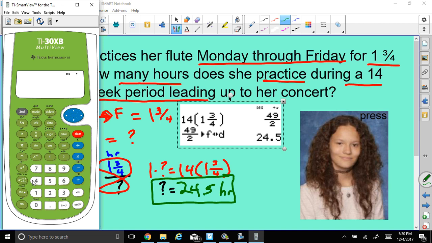If you remember, type the numerator. The fraction bar is another way of saying divide. And press 2. And that'll give you 24.5 as well. So that'll give you a nice answer. So we also could have taken the 3/4. 3 divided by 4.